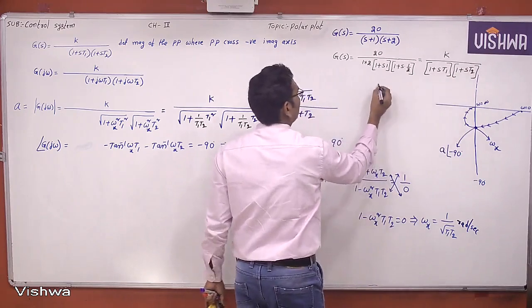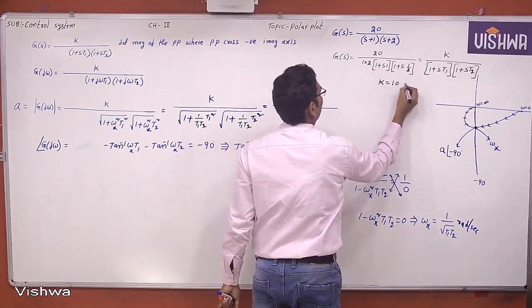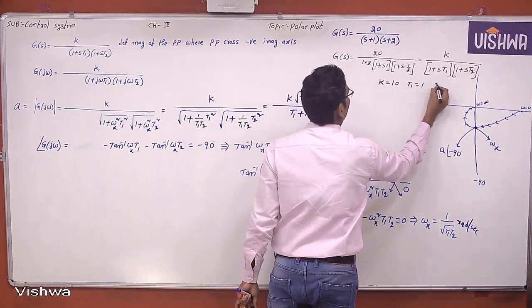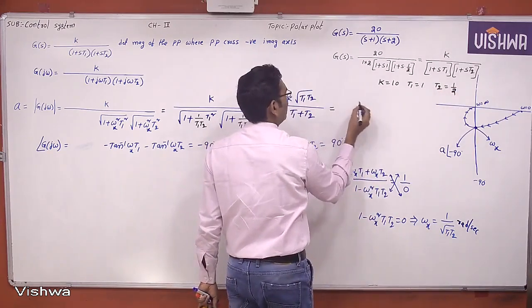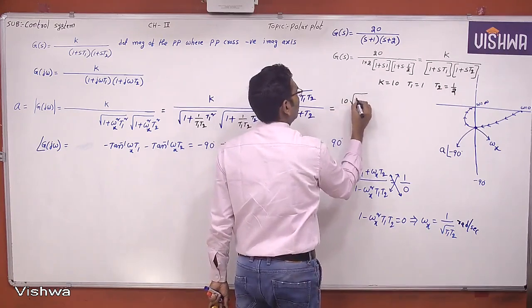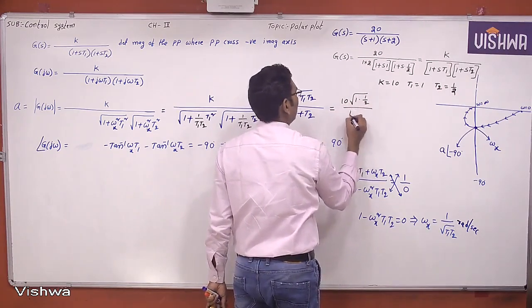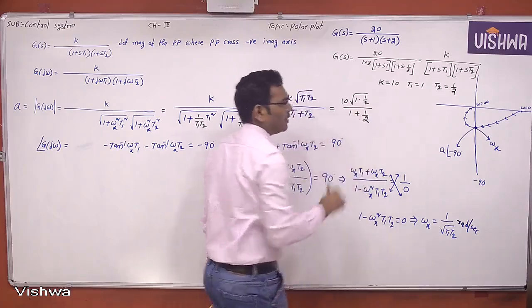Now substitute here, k equal to 10, t1 equal to 1, t2 equal to 1 by 2. Therefore, which is equal to 10 into root 1 into 1 by 2 by 1 plus 1 by 2. Substitute, you can get the answer. Okay, no doubt.